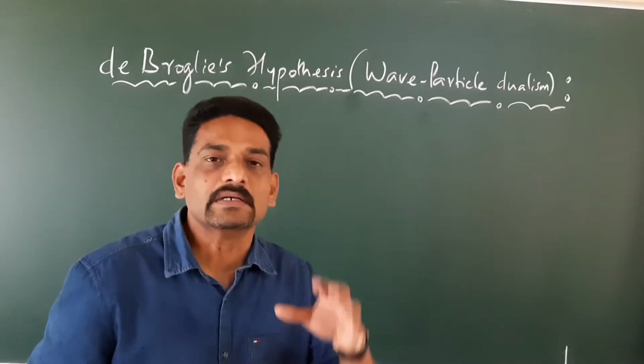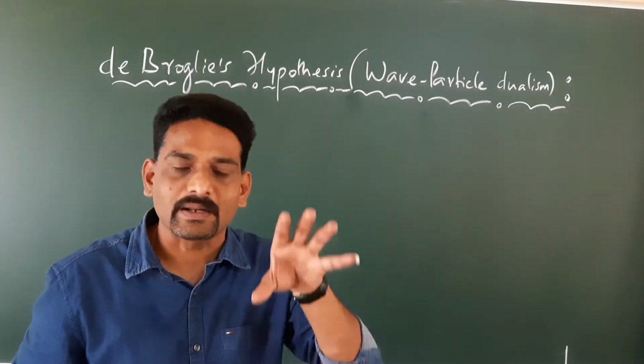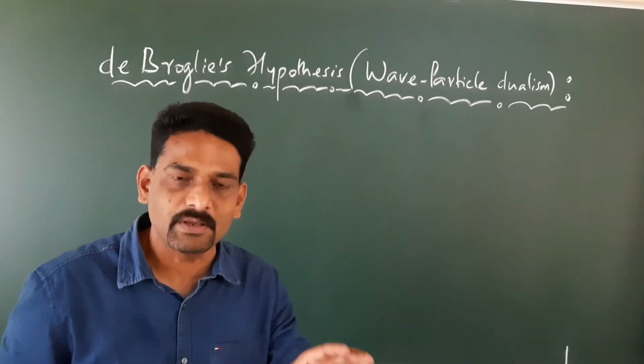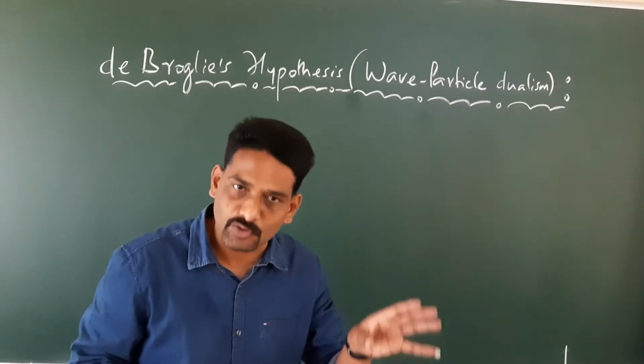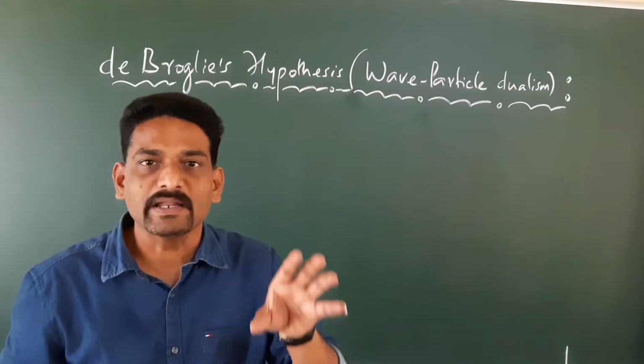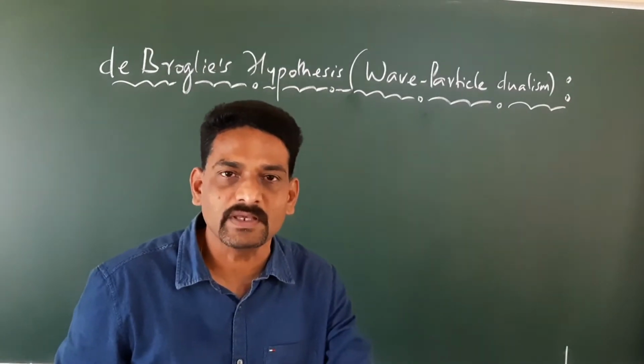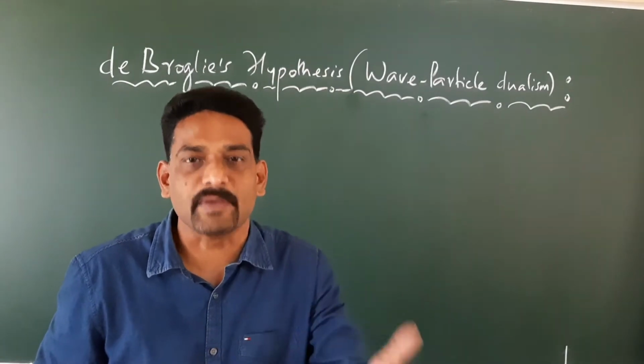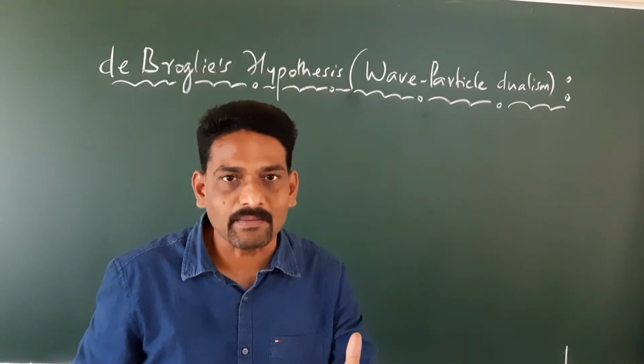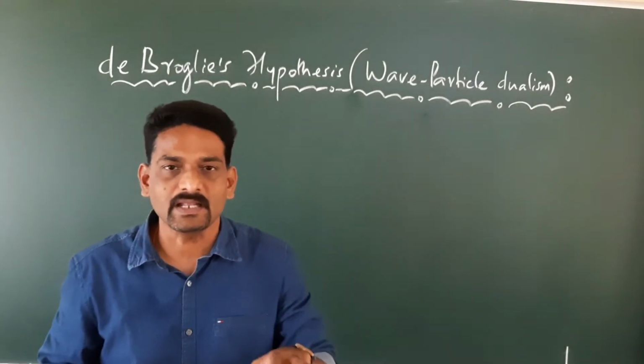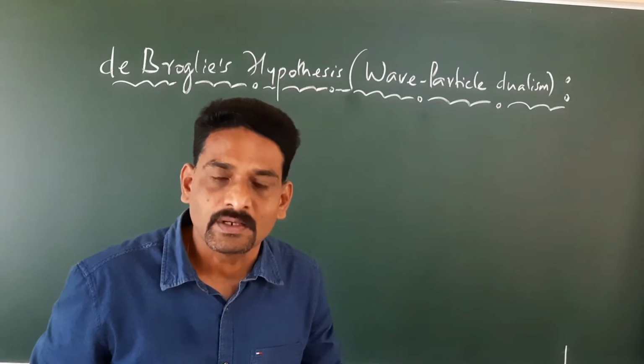In other words, in this case, we are clearly considering an X-ray beam as made up of n number of photons, or the particle nature is assigned to light, that is, an X-ray beam. But at the same time, we know that X-rays are basically electromagnetic waves.